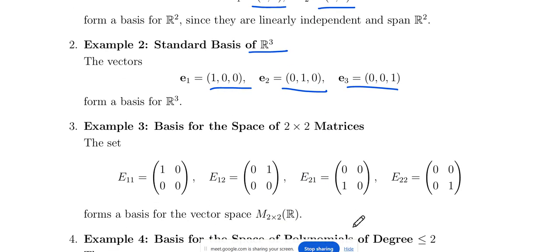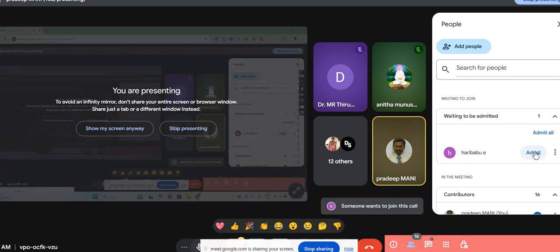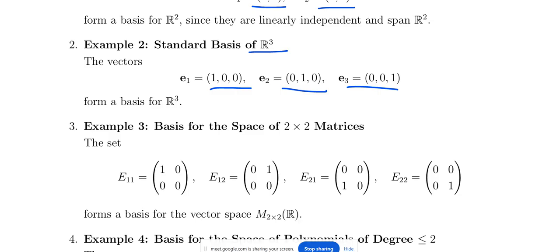The basis for the space of 2 by 2 matrices is the matrices with a single 1 in each position: [1 0; 0 0], [0 1; 0 0], [0 0; 1 0] and [0 0; 0 1]. This forms a basis for the vector space of 2 by 2 matrices with real entries.